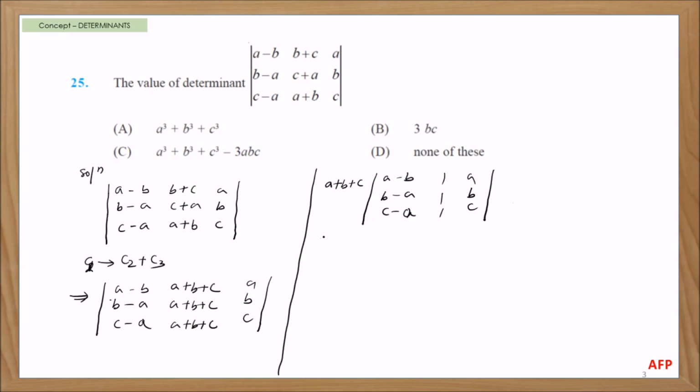So the second row we will change to second row minus first row, and the third row to third row minus first row. So a plus b plus c into, the first row we are not changing at all, we will write it as it is, then the second row.